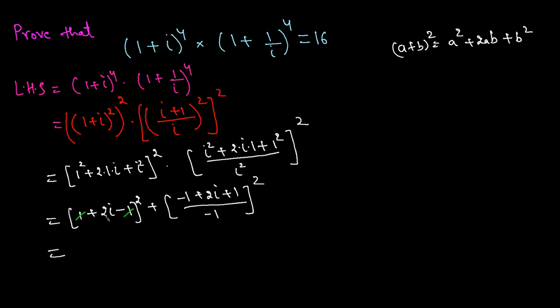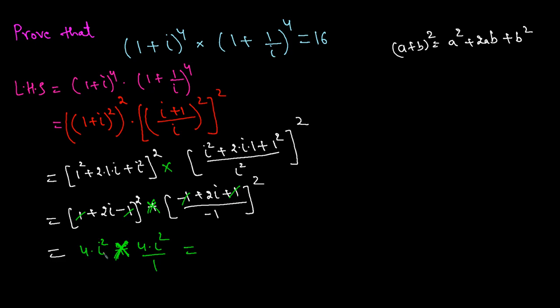This gives me square of 2 iota, which is 2 square is 4 times iota square. Same thing here, 2 square is 4 times iota square, and negative 1 square is positive 1. Okay, and this is a multiplication, not addition, multiplication.